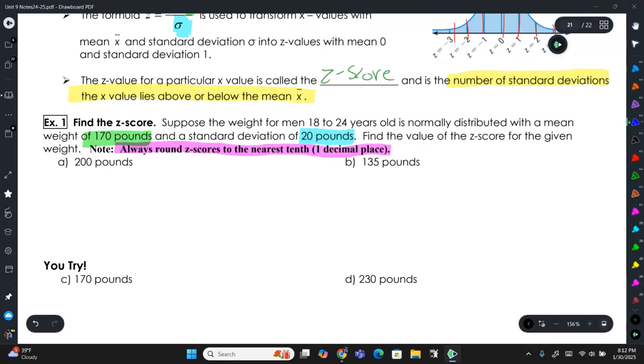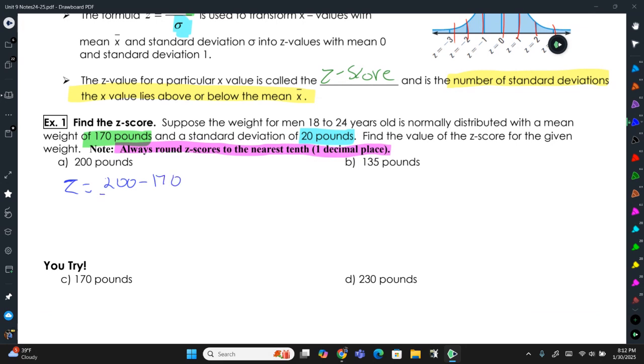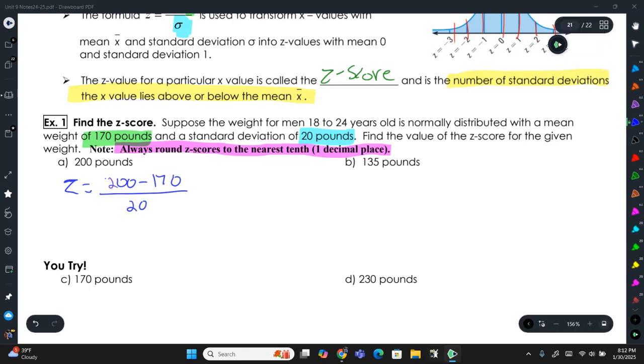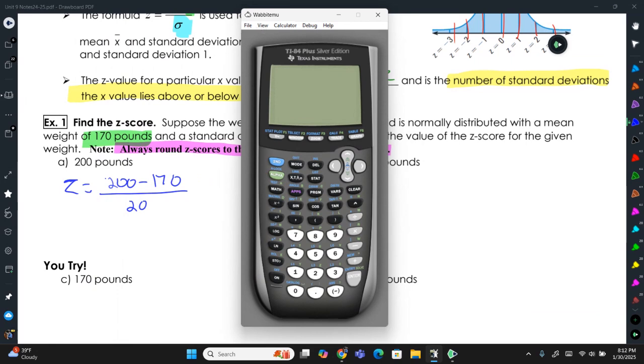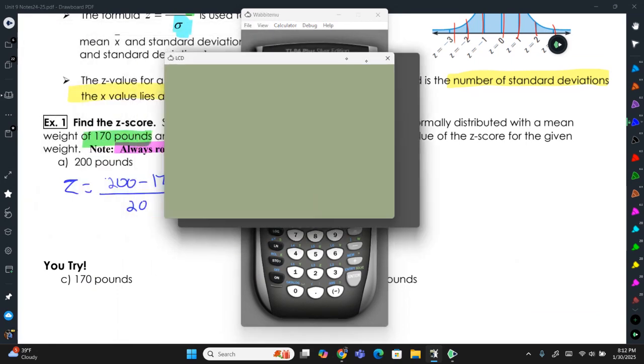All right, so the z-score for 200 pounds is going to be the value 200 minus the mean divided by the standard deviation. Now, in your calculators, you might be tempted to type in something like this.